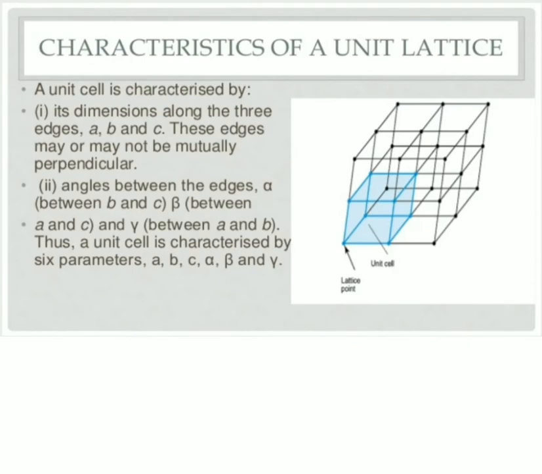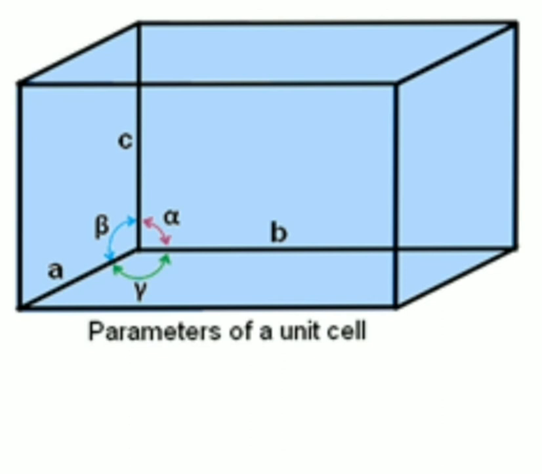Now next, characteristics of a unit cell. A unit cell is characterized by, first, its dimensions along the three edges a, b and c. You can observe in this figure clearly.